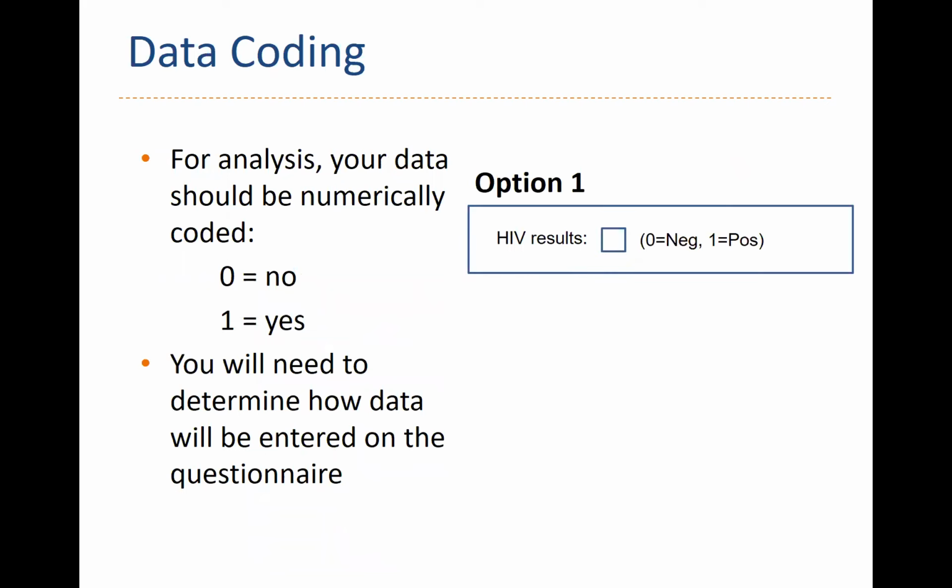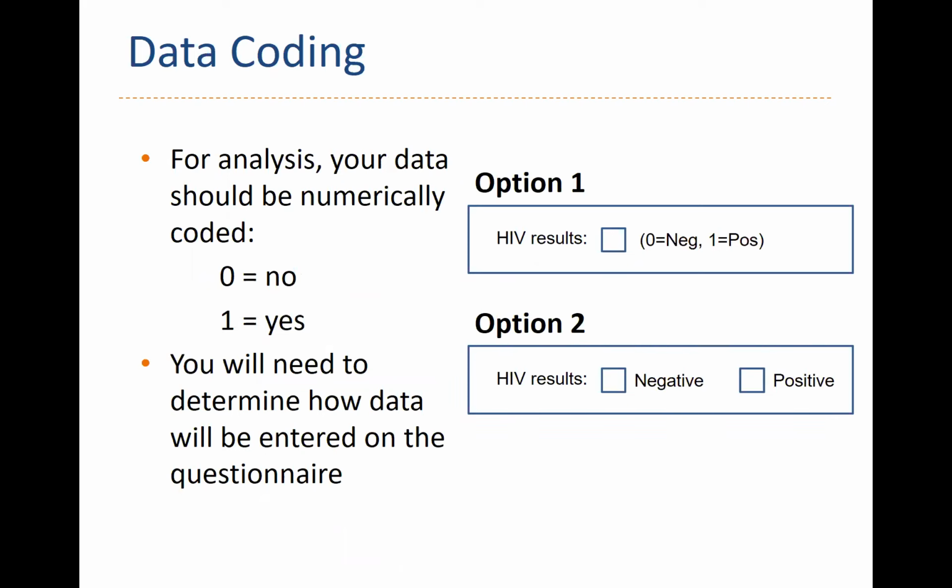So this is, again, thinking about two different ways of entering these coded data. One option is to literally fill in the number. The other option is to use what we would call either a checkbox or a radio button, where you choose negative or positive and not this coded approach.